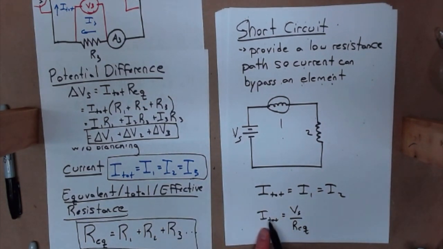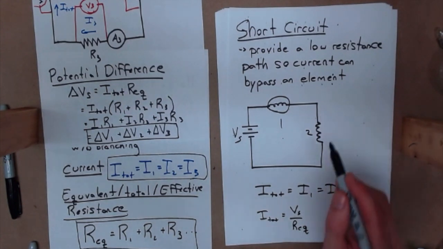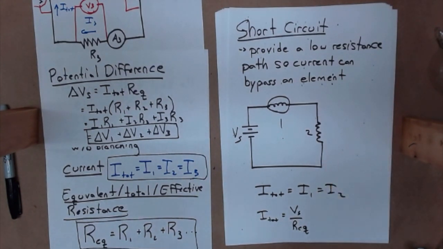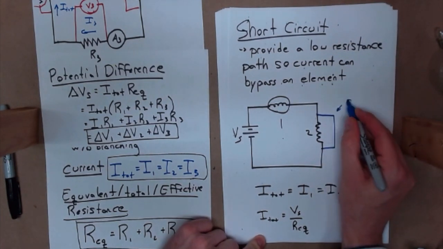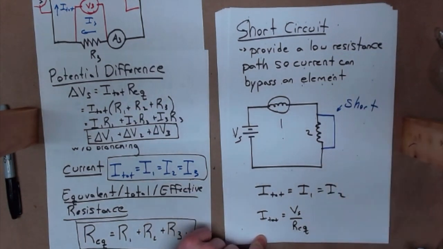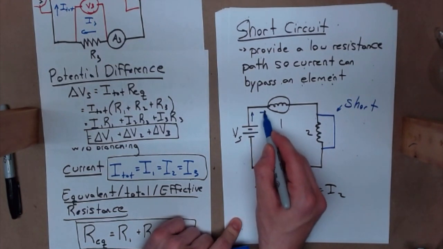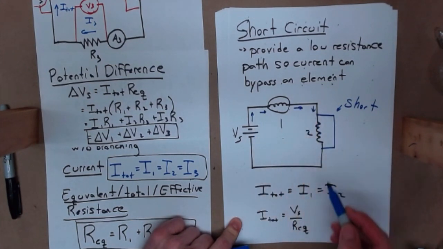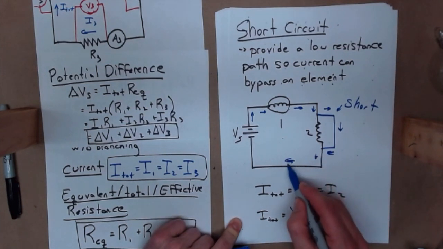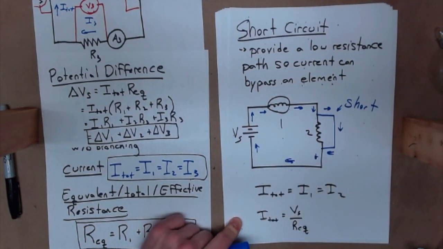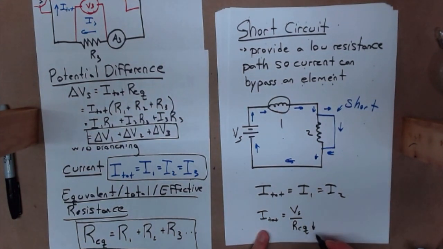If suddenly I take a wire and create an alternative route, my current can come up here, over here, through my bulb, up through here, down through here, and it's going to say, no, I don't want to go through that resistor. I'm going to go this way and back to my battery. As a result, the equivalent resistance of the circuit decreases.